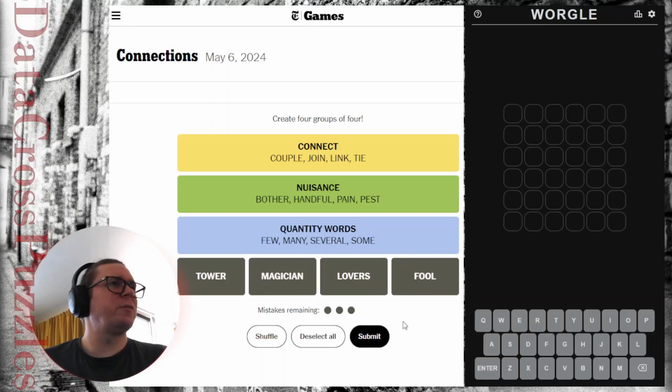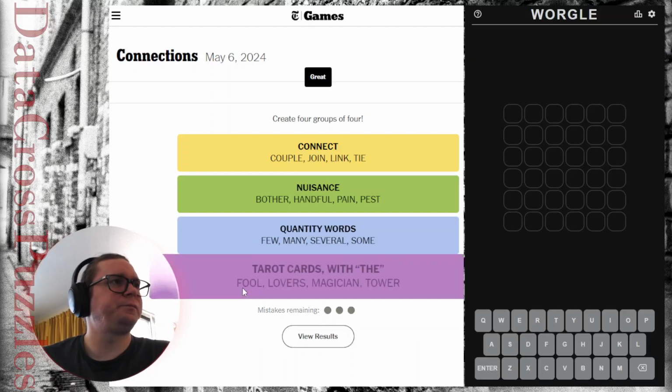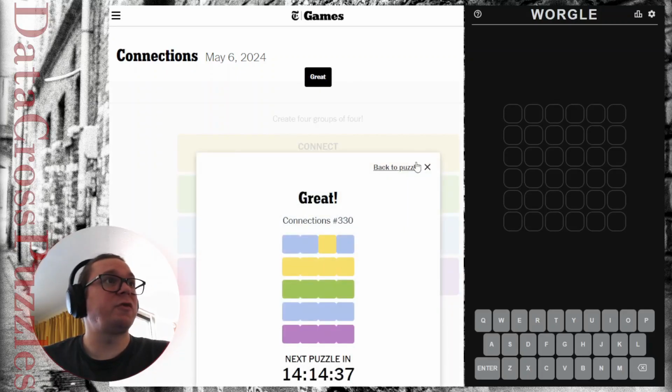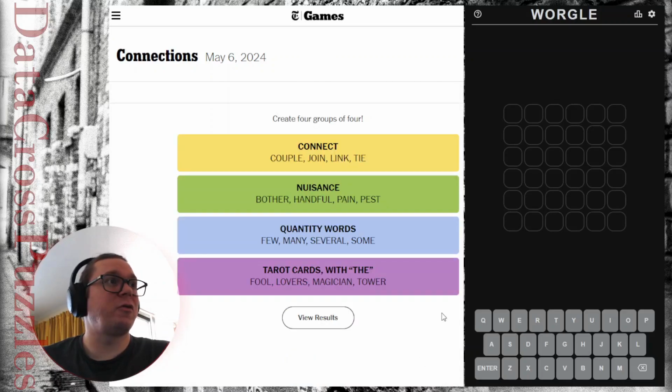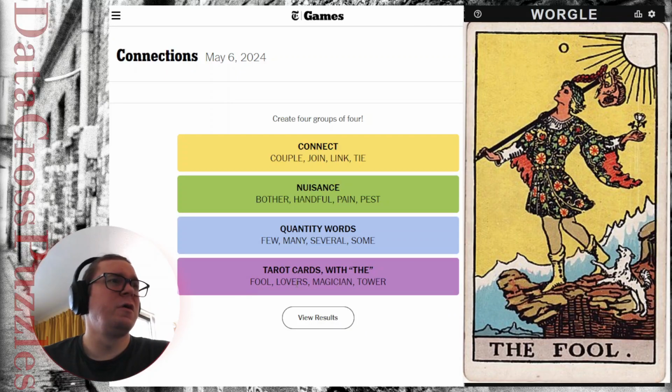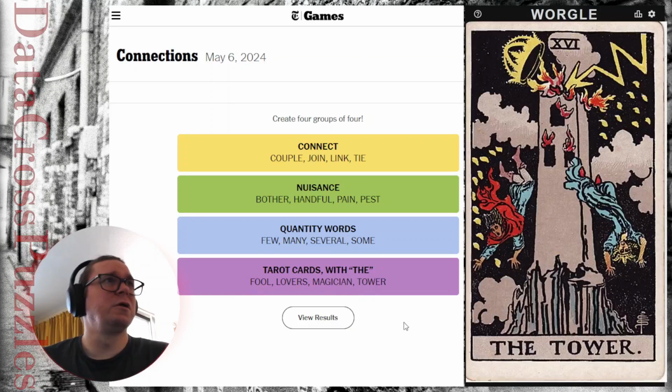But it would maybe give me a better idea what the category is. What is this connection? Tower, magician, lovers, fool. I don't know what the link is here. I would never get that. I don't know tarot cards. So that's interesting. Okay, so tarot cards with the fool, the lovers, the magician, the tower. Interesting.